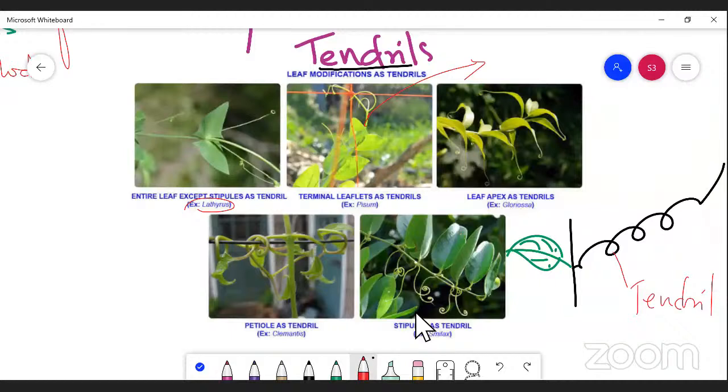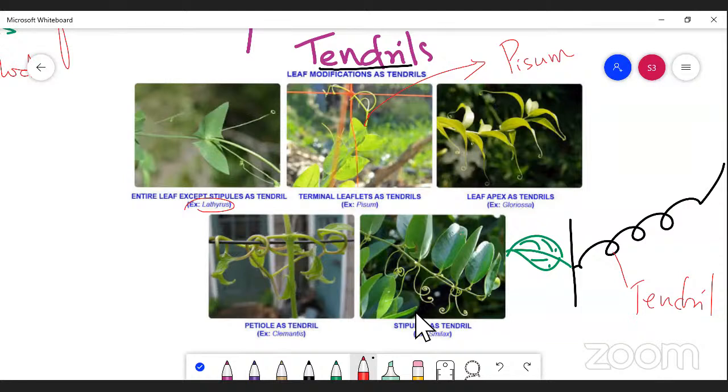It is found in Pisum sativum, the binomial of the pea plant. In Pisum sativum, the terminal leaflets are modified into tendrils. And one more, the leaf apex is modified into tendrils.